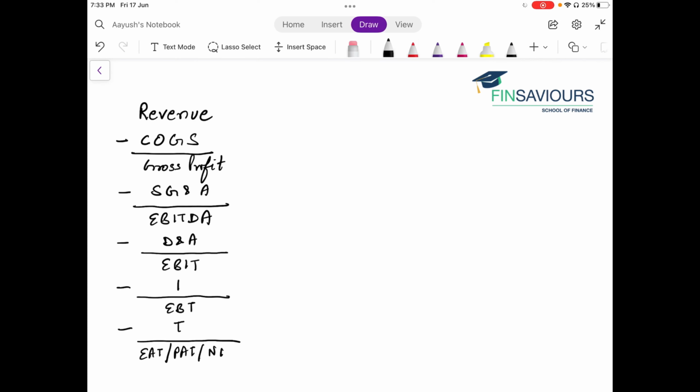And this is known as the bottom line. So top line, revenue; bottom line, net income.